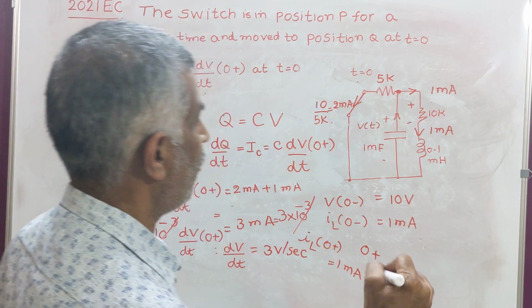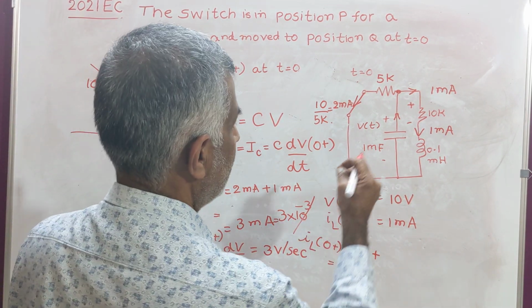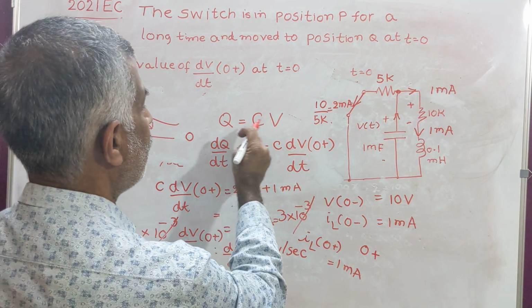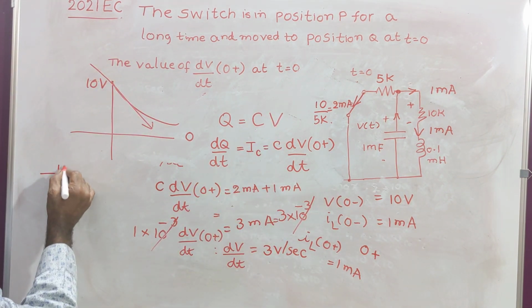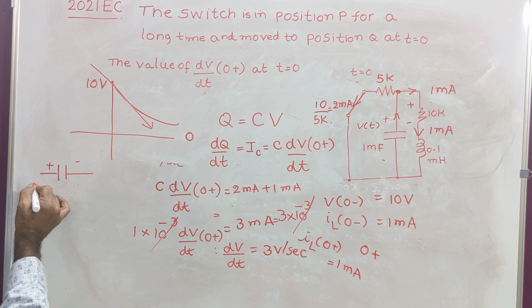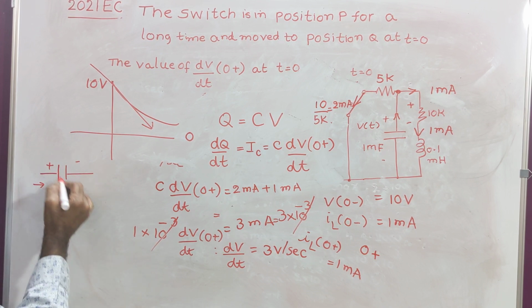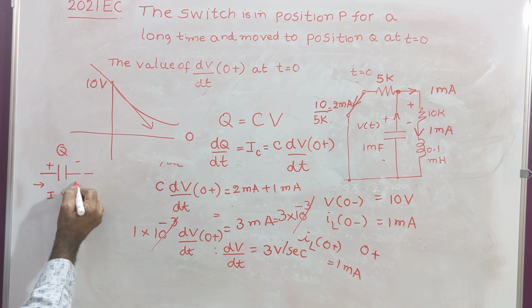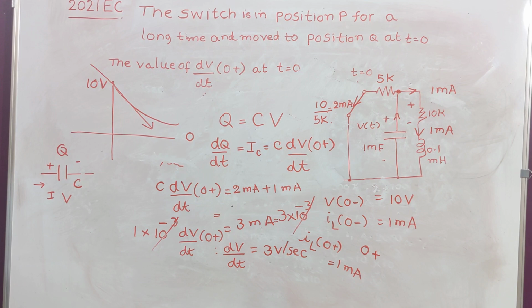And one mistake I have made here. Here we have to take Q equal to CV.